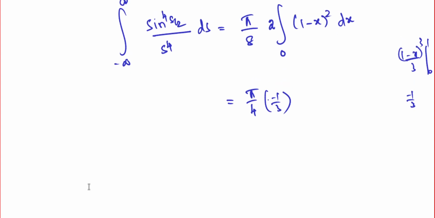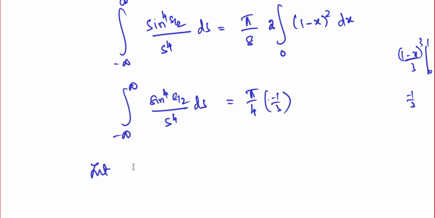Let's keep this integral from minus infinity to plus infinity of sine to the power 4 s by 2 divided by (s by 4) into ds, and let t is equal to s by 2. It's an obvious substitution here, because I wanted sine to the power 4t. So let t is equal to s by 2, and hence this will give me 2t is equal to s.